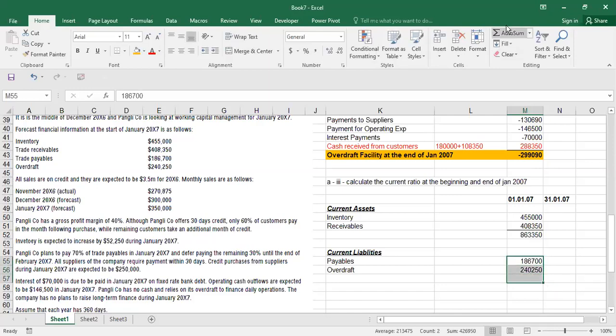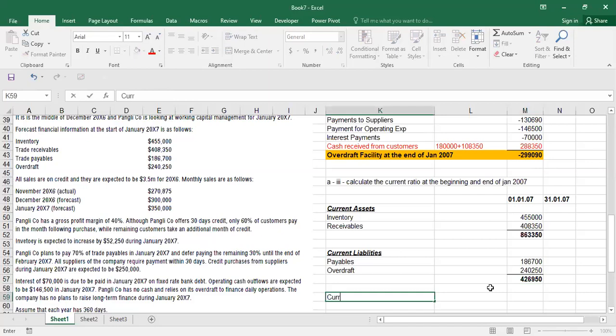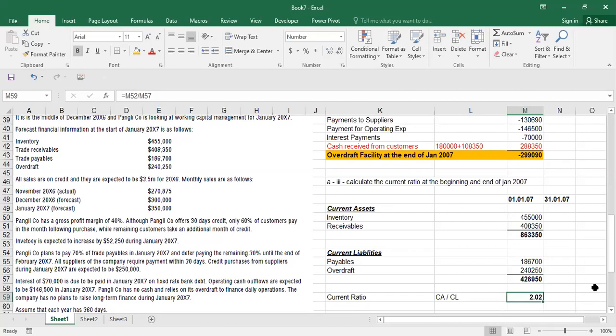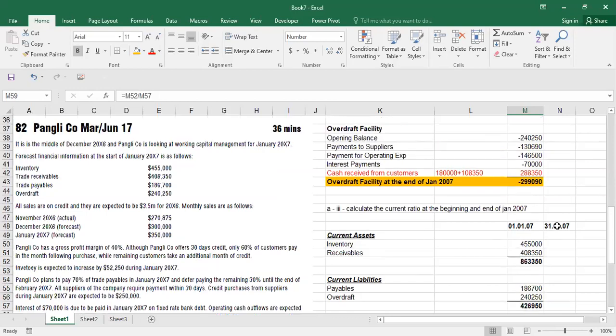You make a total of these two numbers and you get this number here. So current ratio is current assets divided by current liabilities, which is 866 divided by 426. It is 2.02, just make it in two decimal places. This is your ratio at the beginning of the month. And how much do you have at the end of the month? At the end of the month, how much would be your inventory, and how much will be your receivables and payables?